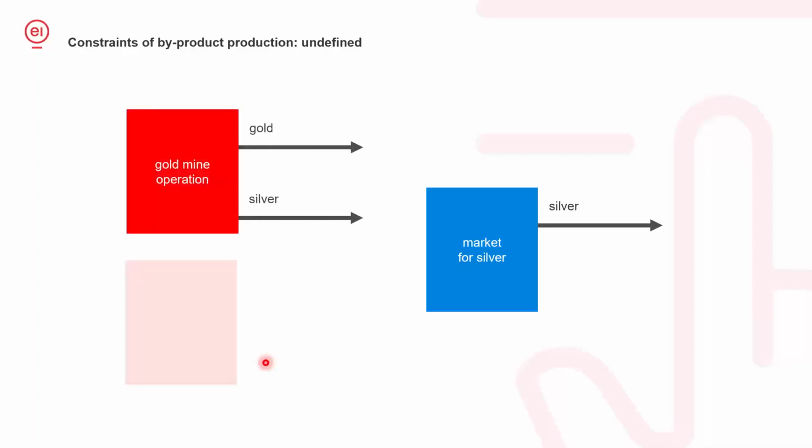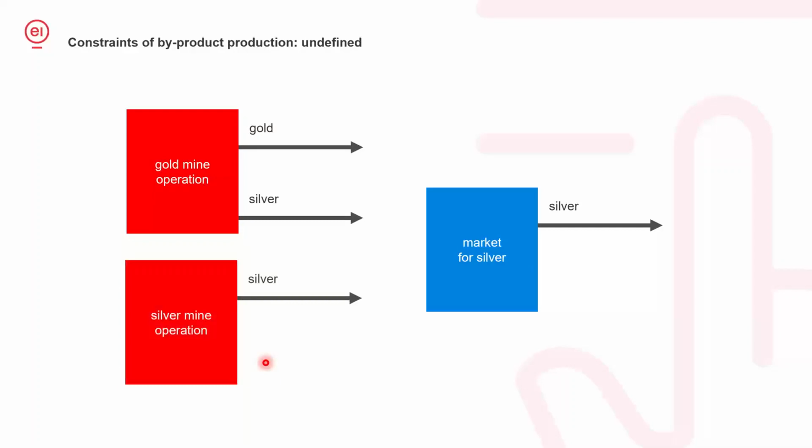In the undefined database, which is the database that we have as a group of datasets from the data suppliers before any allocation, let's assume that we have two activities that produce silver. We have the gold mine operation, where the main reference product is gold and silver is a byproduct. But we also have silver mine operation, silver mines specifically extracting silver.